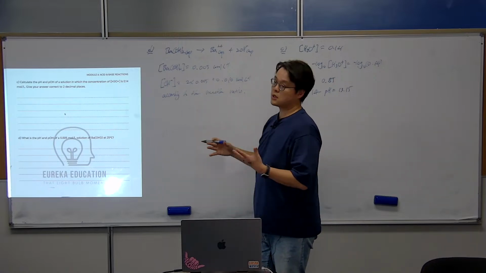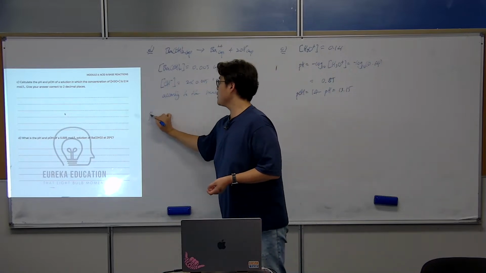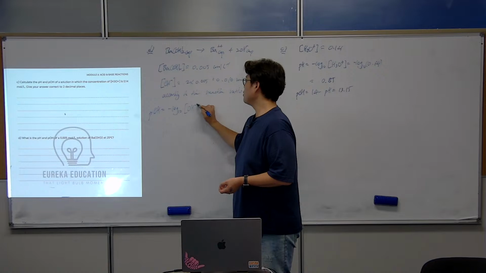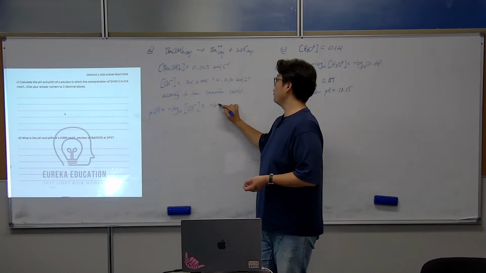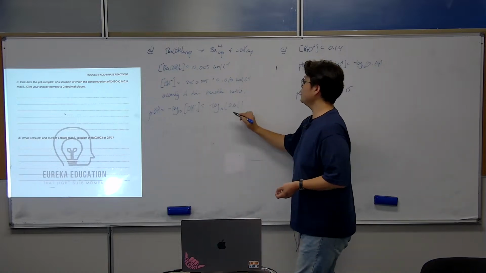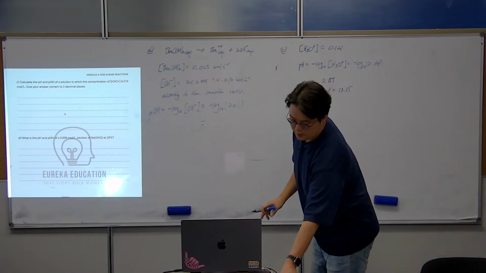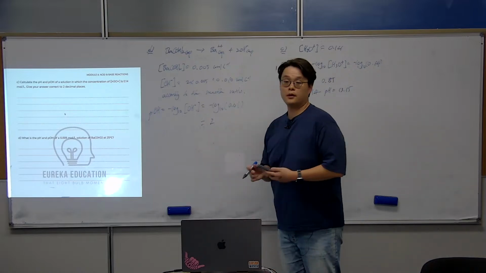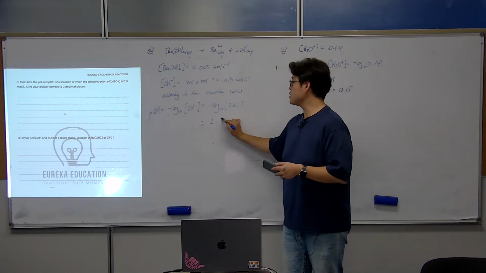The rest is pretty much the same. Then pOH, which is minus log 10 of the hydroxide ion concentration, is minus log 10 of 0.01. That is log 0.01, you get 2. Okay, 2.0, 1 sig fig.